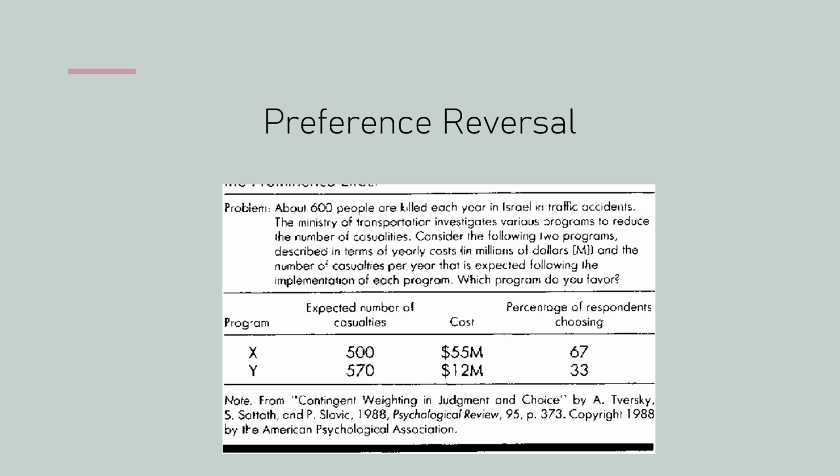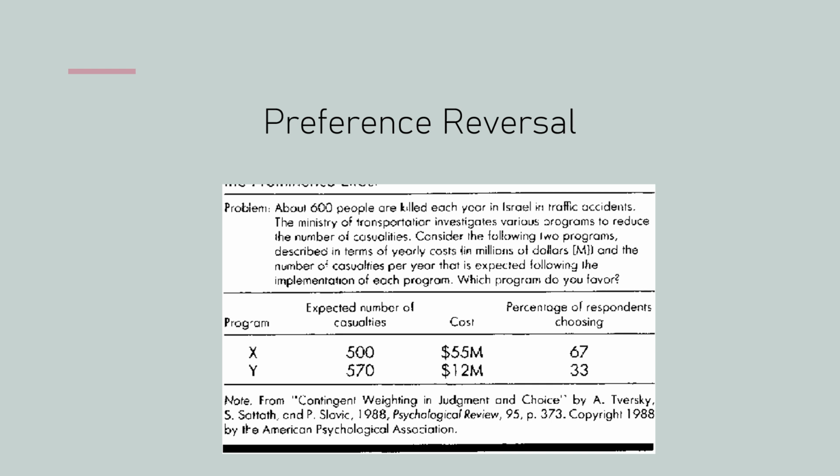So in another version of this, they're not told the price of X, and they're told to state at what price program X would be as attractive as program Y. Now here, 90% of participants provide values smaller than 55 million.